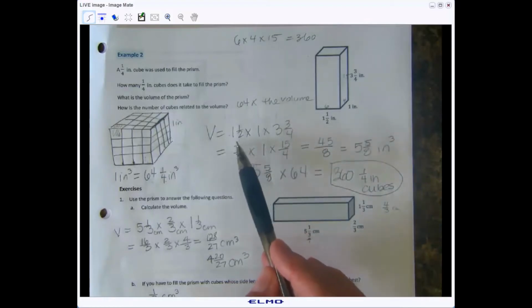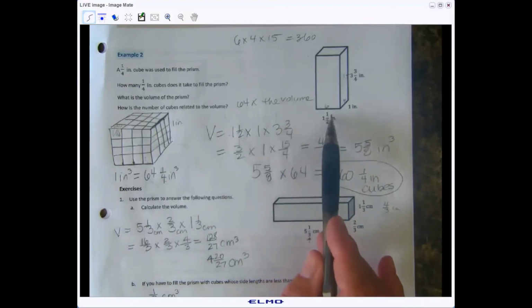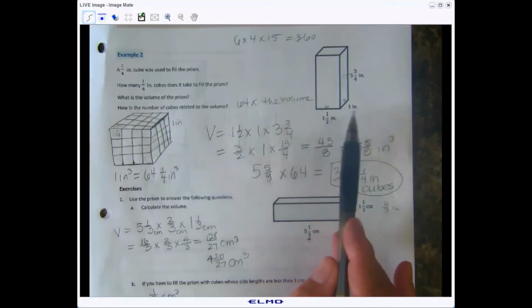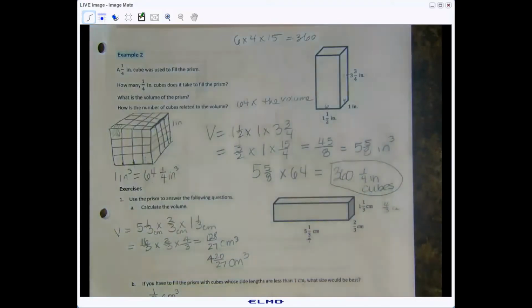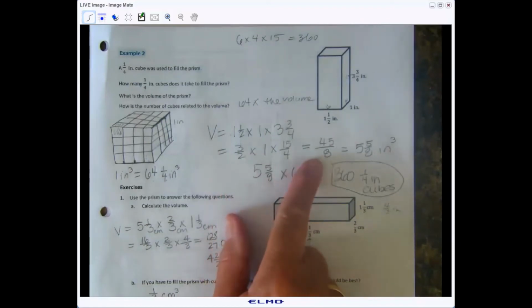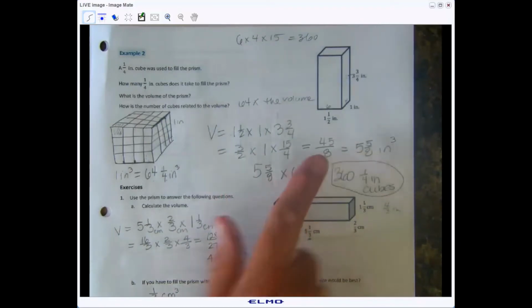So we could take the volume and just stay in inches, and multiply 1.5 times 1 times 3 3/4. Now be very clear, 6th grade, that I want you to do your fraction multiplication. I don't want you switching to decimals and using your calculator. When you turn in your work, I want to see the fraction multiplication, because you need to practice this.